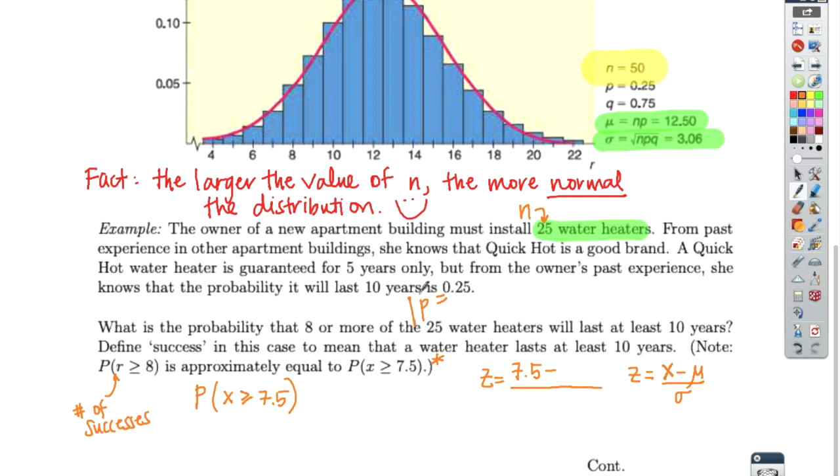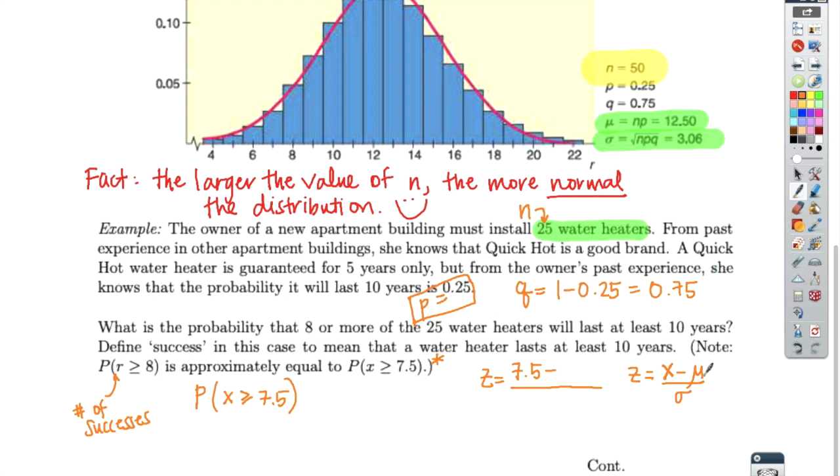Here is our probability of success, 25%, which tells us our probability of failure is 1 minus that, which is 0.75. So here are all of our values: n equals 25, p equals 0.25, and q equals 0.75.